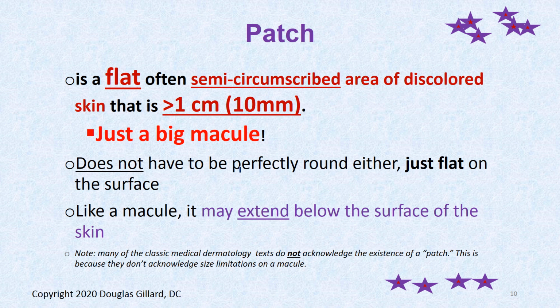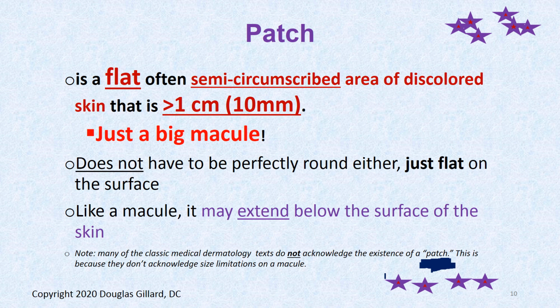Again, it doesn't have to be perfectly round, but it does have to be flat. I should make a note here that some of the medical texts don't acknowledge the existence of the patch. The chiropractor for dermatology does, so I had to put it in here to get you ready for boards. But you'll see in a second that patch really isn't a good term.